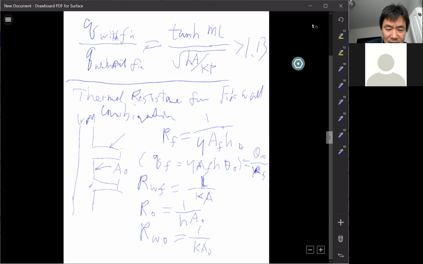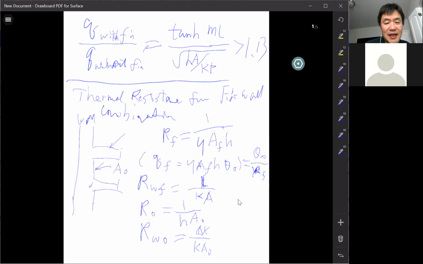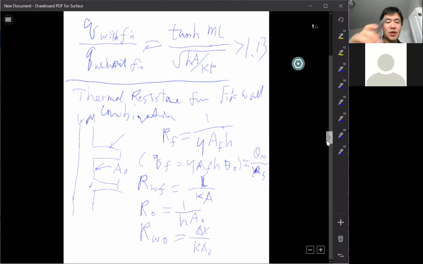So this is delta X over KAO. So these are the two conductions and two convections. So you have four thermal resistances together for the fin and for the wall. Now the combination, from the beginning to the end, you have the total heat transfer. Let me use the next page. The total heat transfer will be the.